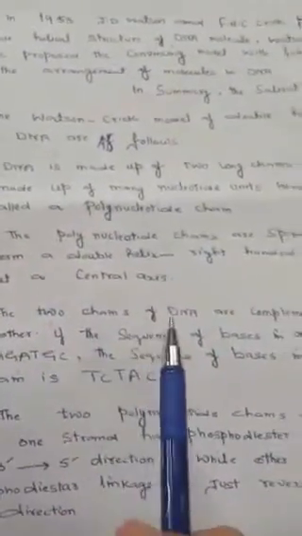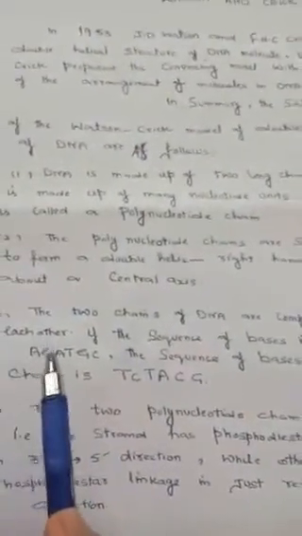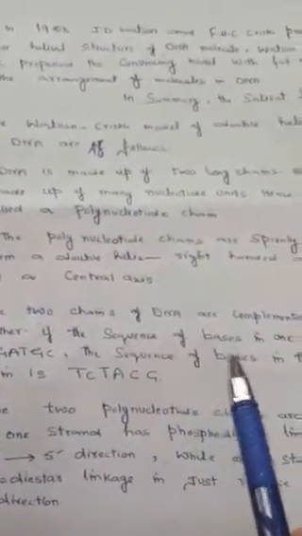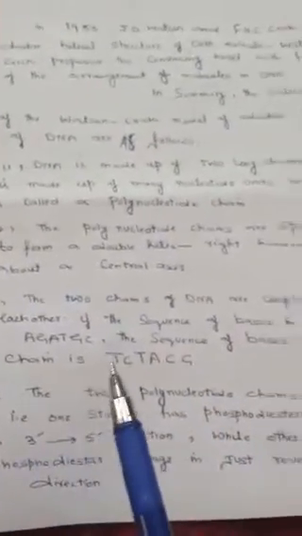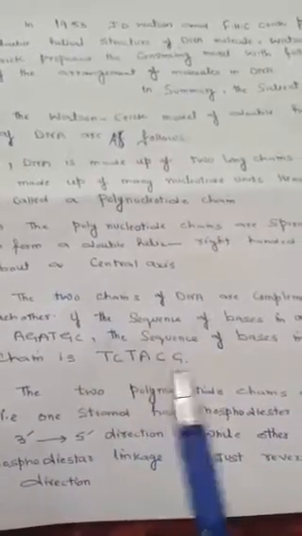The two chains of DNA are complementary to each other. If the sequence of bases in one chain is AGATGC, the sequence of bases in other chain is TCTACG.